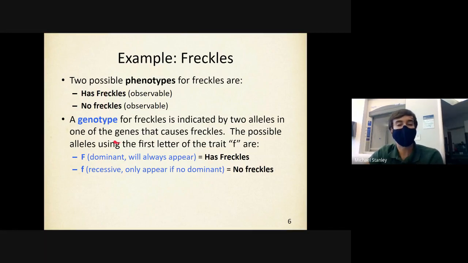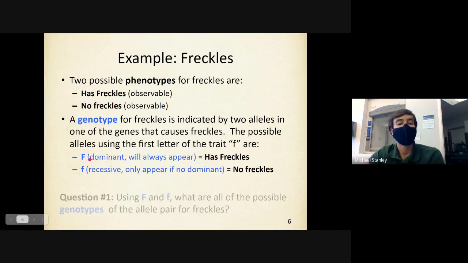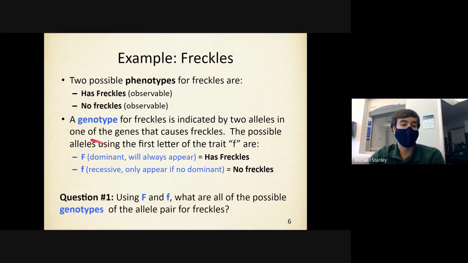What that means is with the dominant allele, the dominant trait, as long as you have that allele even once, you will get the trait. So anybody that has at least one big F, no matter what the other allele is, big F, little f, they are going to have freckles.